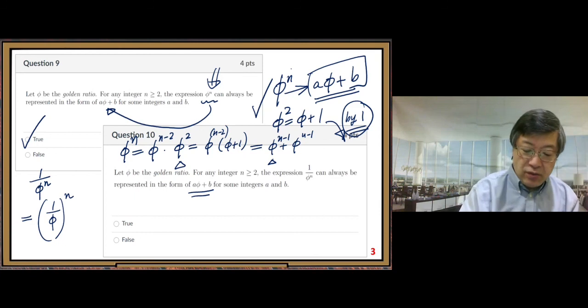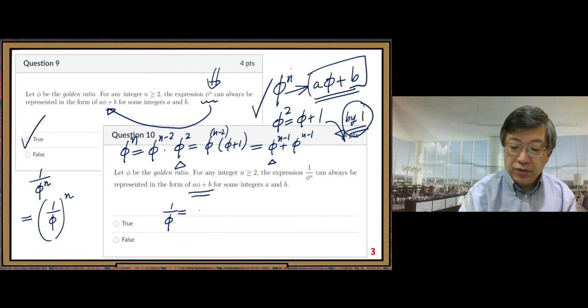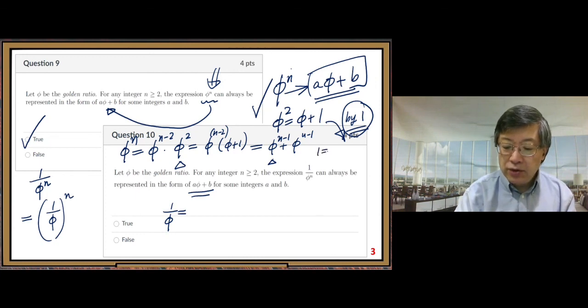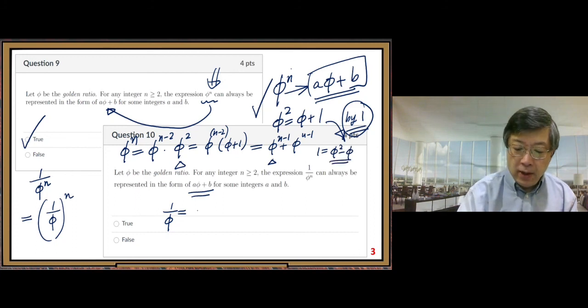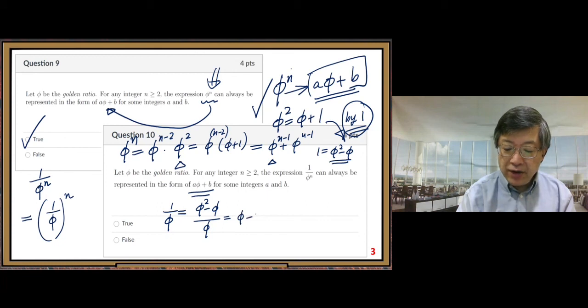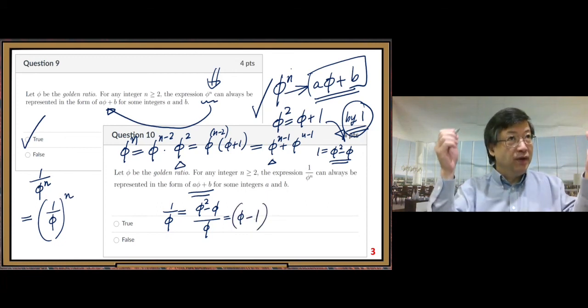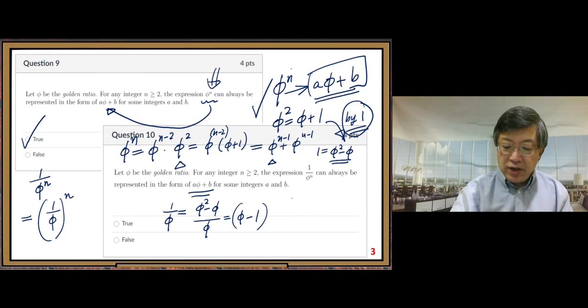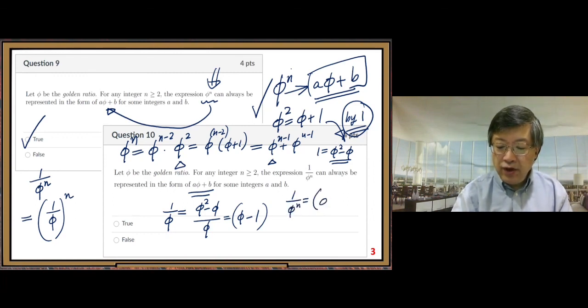Let us just do 1 over phi first. 1 over phi equals, we know, 1 equals phi squared minus phi. So phi squared minus phi over phi. After cancellation, we get phi minus 1. That's 1 over phi. This time, 1 over phi to the n equals phi minus 1 to the nth.